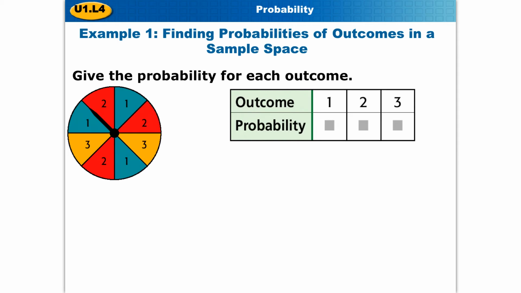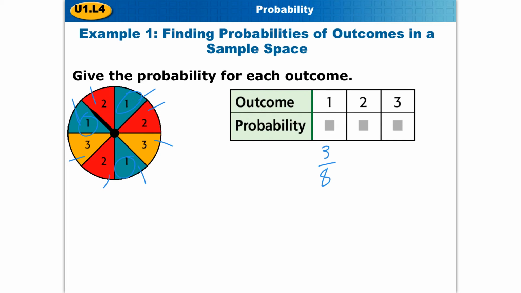On the spinner, there are 1, 2, 3, 4, 5, 6, 7, 8 different regions. The numbers are 1, 2, and 3. So your probability here is going to be a fraction. There are 3 ones, so the probability of 1 happening is 3 out of 8.